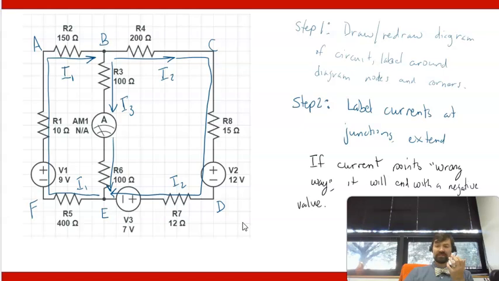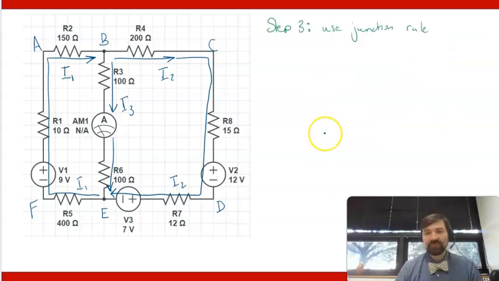It's a little more complex, of course, if you're told these are the current values and you've labeled them, to figure out which one is actually wrong. But by and large, you can go through and solve and find that one of these currents was labeled incorrectly. And so that is just a double check for you.